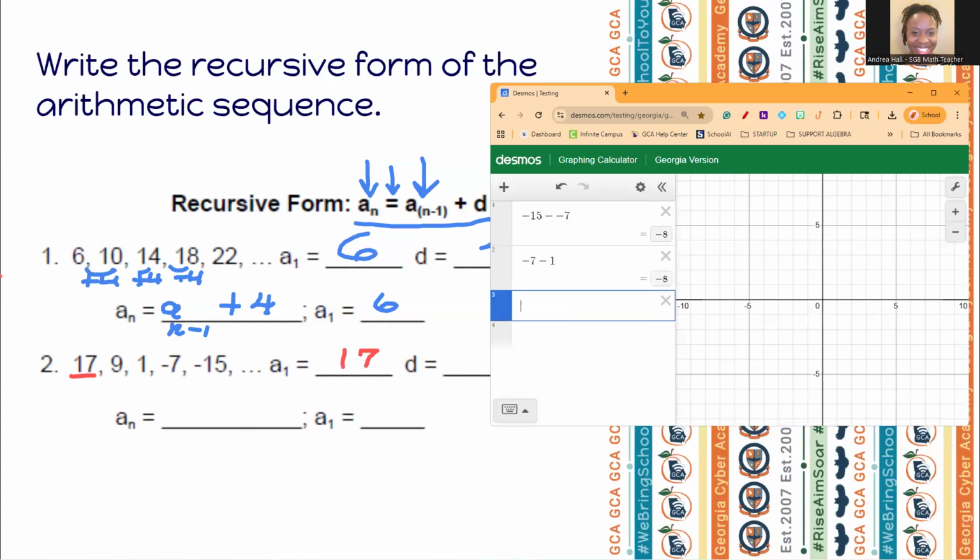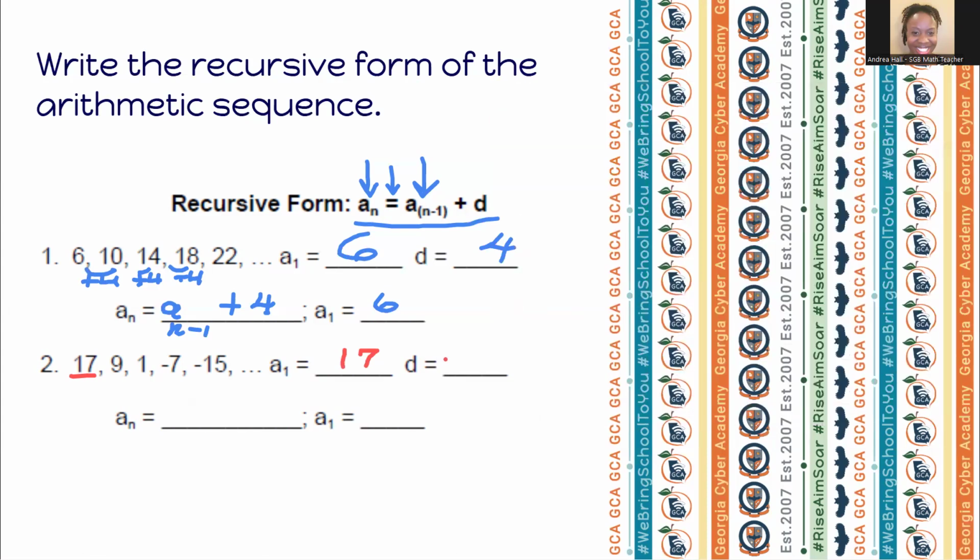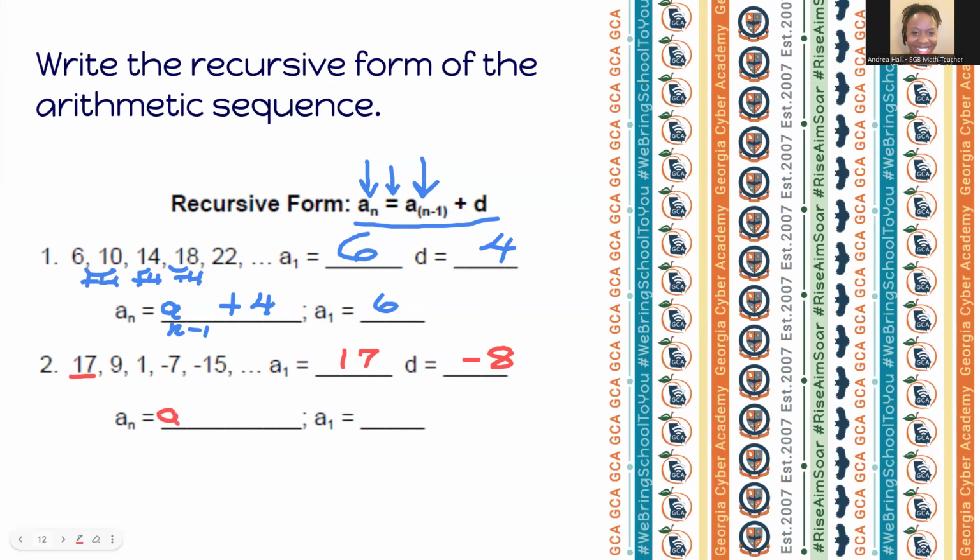All right, so our common difference is negative 8. So my recursive formula is a sub n equals a sub n minus 1. That does not change. That means previous term. And then I'm going to say minus 8 for the common difference. And a sub 1 is 17. Just like that. That's it.